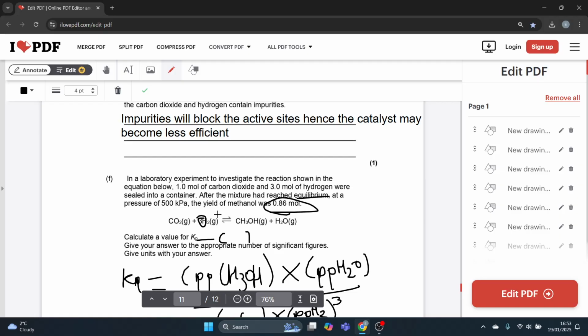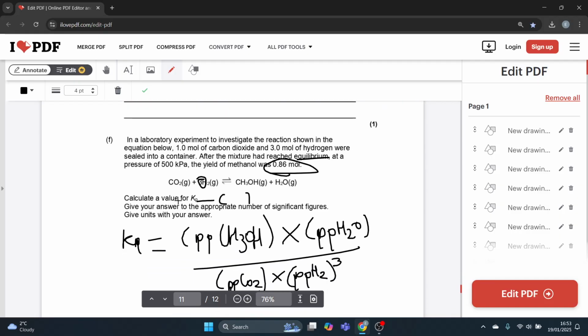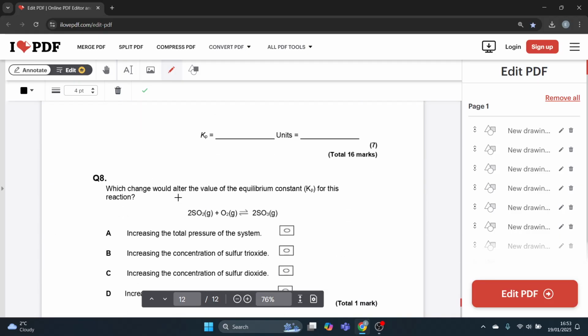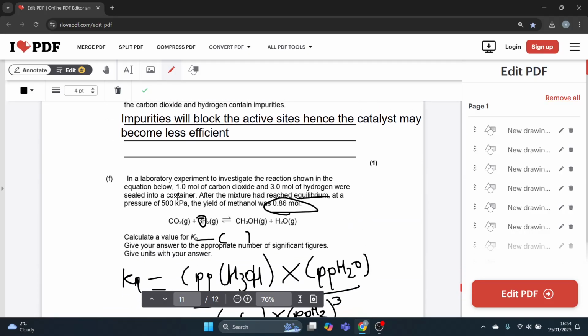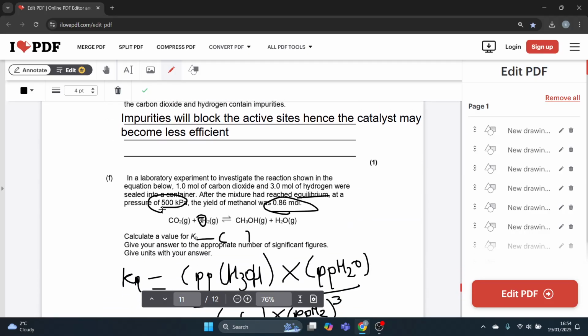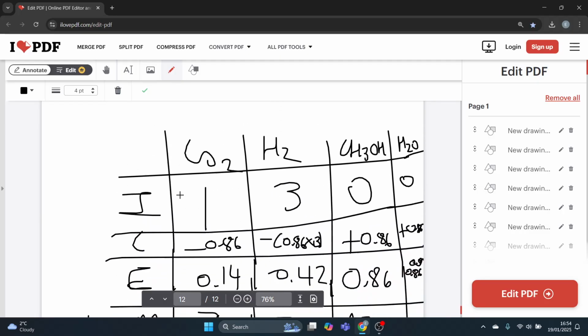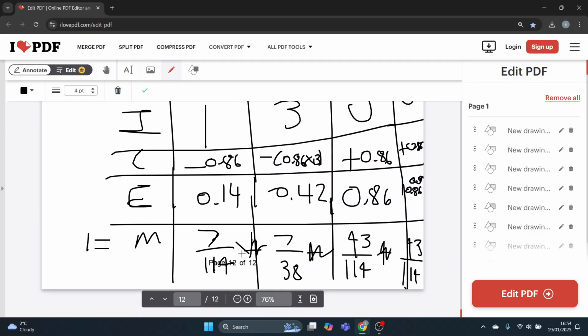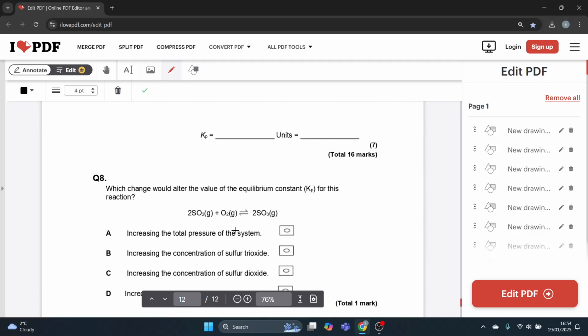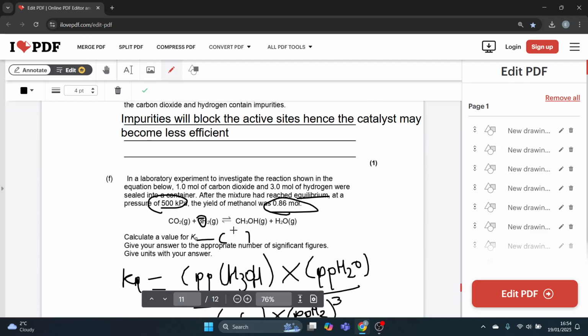So what I need to do is times it by the total pressure. I don't know if I want to convert to pascals or not. I don't think it's necessary because it just wants me to calculate the value of Kp. So to find out the partial pressure, all I need to do is times these values by 500 kilopascals. That can be the partial pressure.